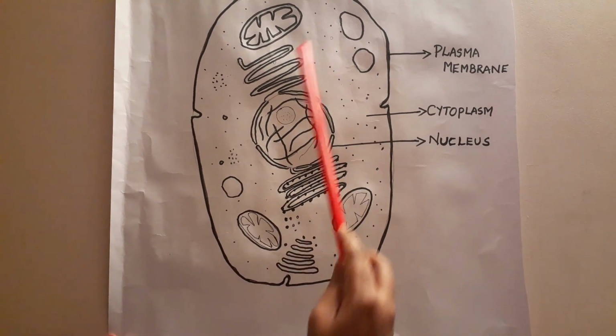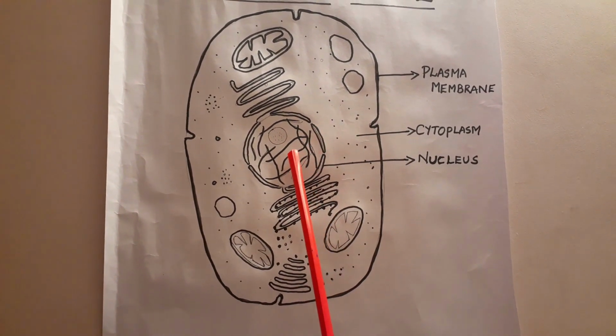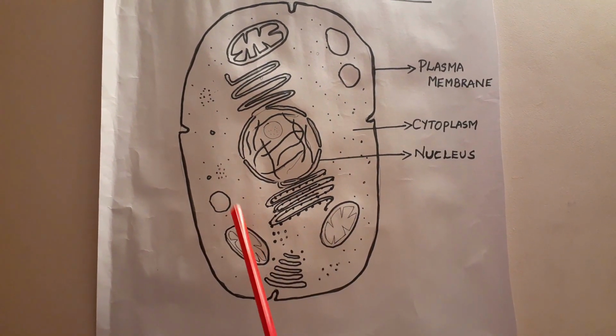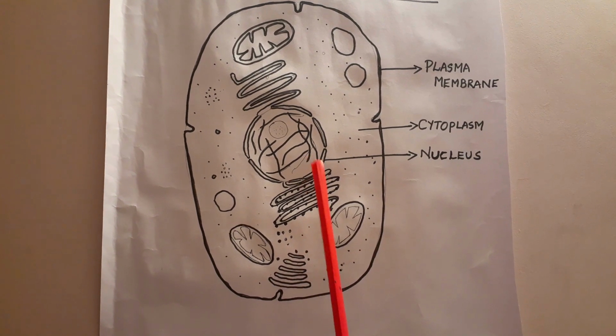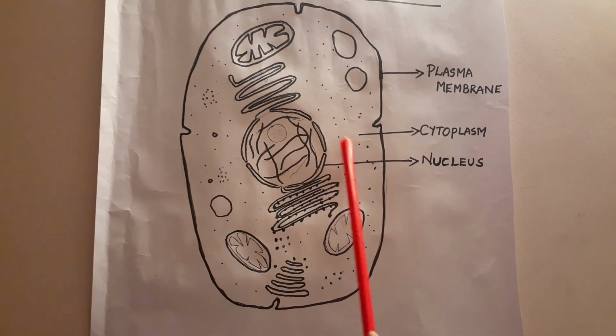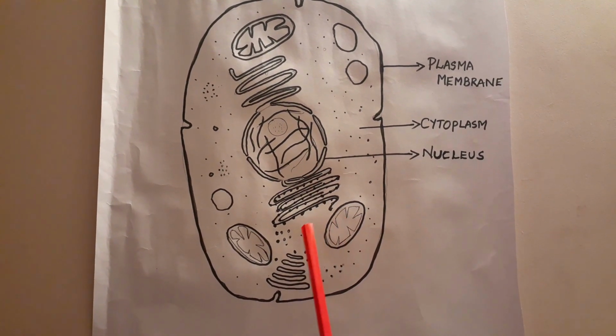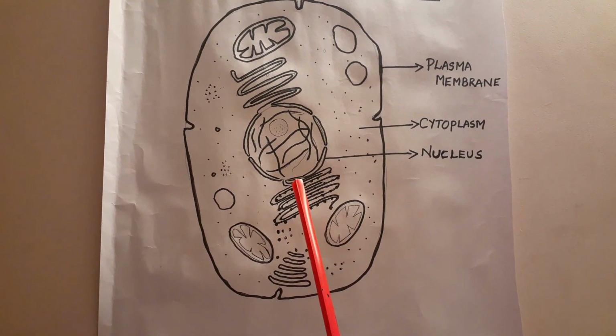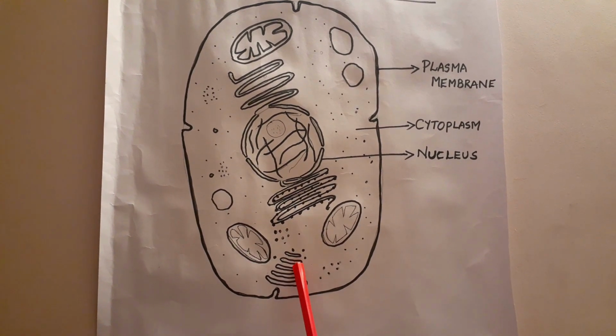In between the plasma membrane and nucleus we can see cytoplasm. It is a fluid content. It is very important because it contains so many cell organelles, like mitochondria, ribosomes, endoplasmic reticulum, Golgi complex.